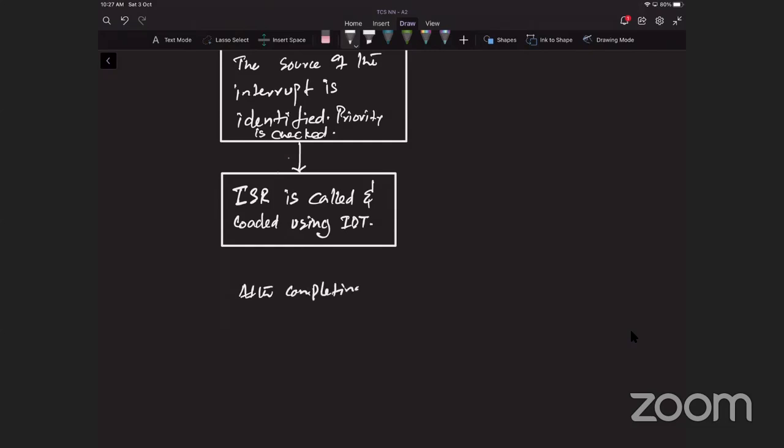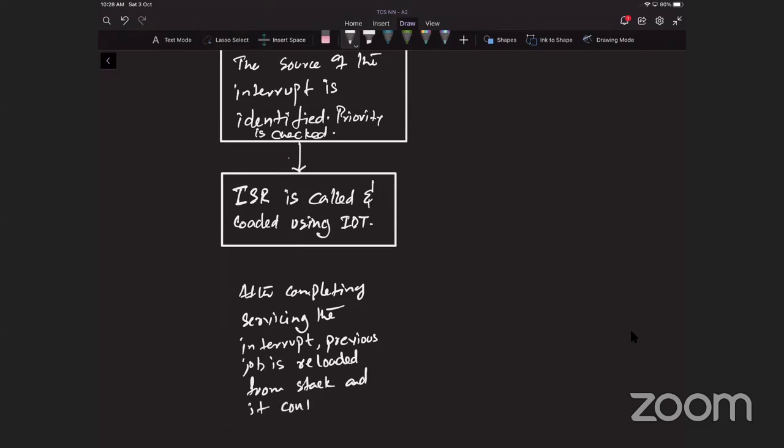After completing servicing the interrupt, the previous job is reloaded from the stack and it continues.